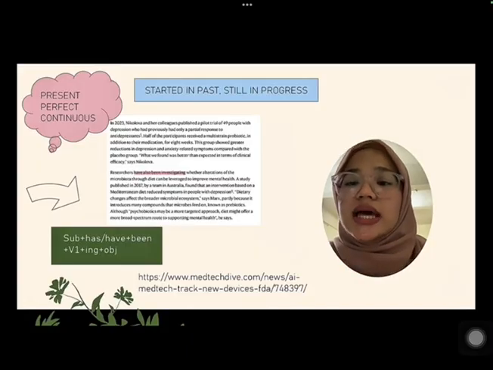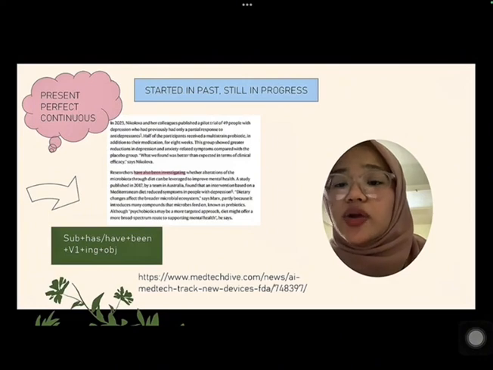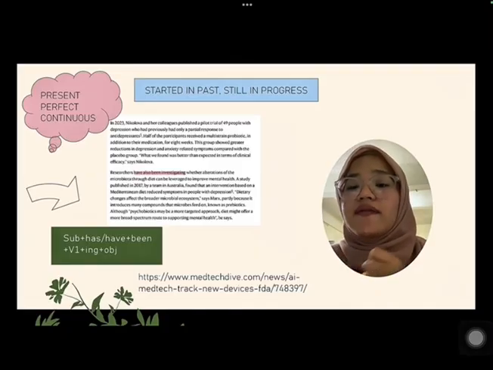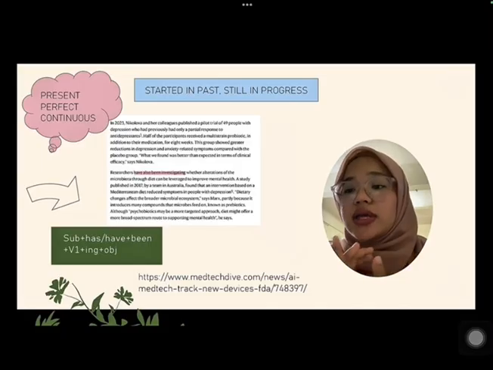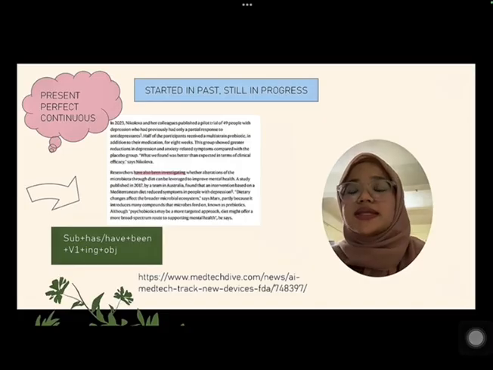The researchers have also been investigating whether alterations of the microbiota through diet can be leveraged to improve mental health. As you can see, the highlighted part has the word have and also been, and also the word investigating is with the ing to show that this sentence uses the present perfect continuous tense. So that is all for the present tense.